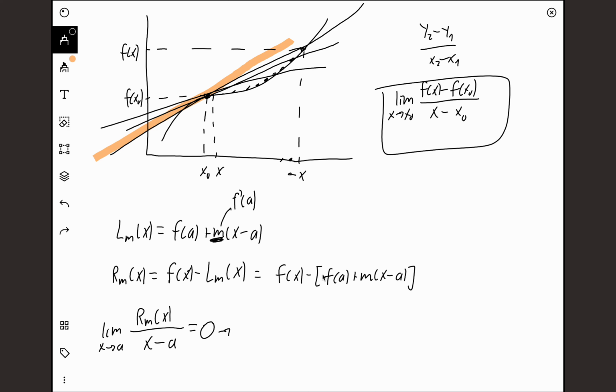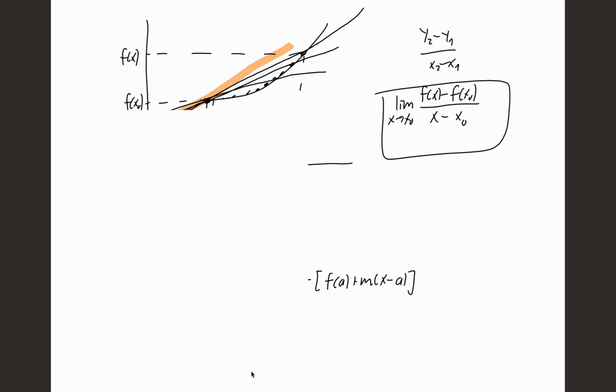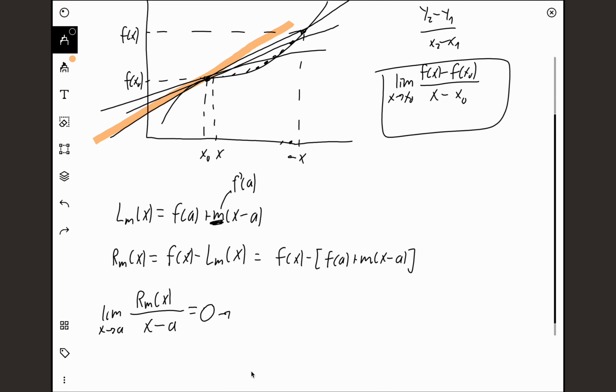It's kind of a bad explanation, but it basically doesn't go to 0 much faster than this. It only goes to 0 a little bit faster. So this is how we actually define the derivative also in higher dimensions. It's the value which gives us the best linear approximation to our function.